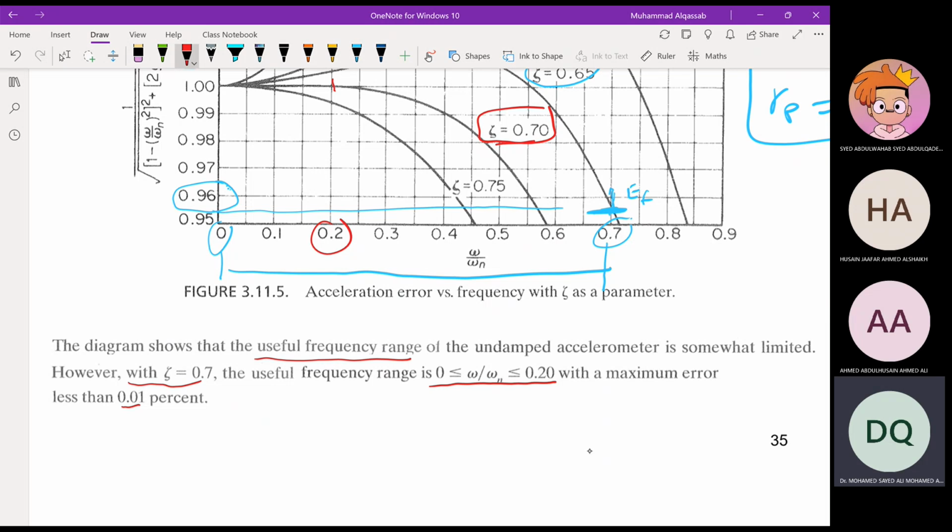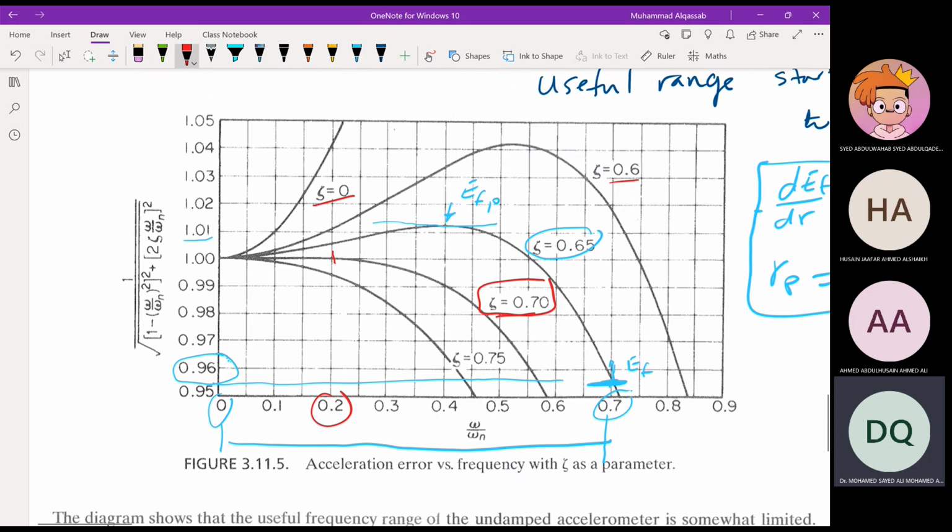Okay, this is the maximum error. It means that the error, not the percentage, is equal to 0.0001, which is 1 over 10,000. That is the maximum error, which is at 0.2, with zeta equal to 0.7.